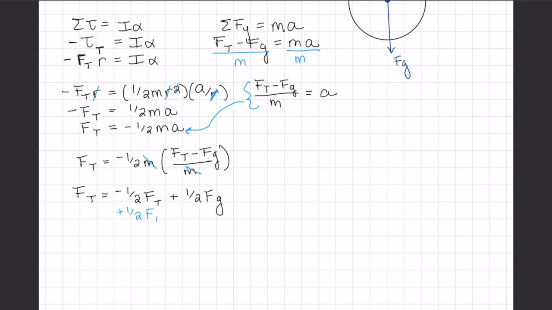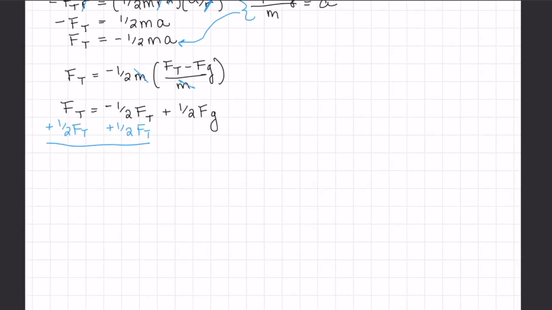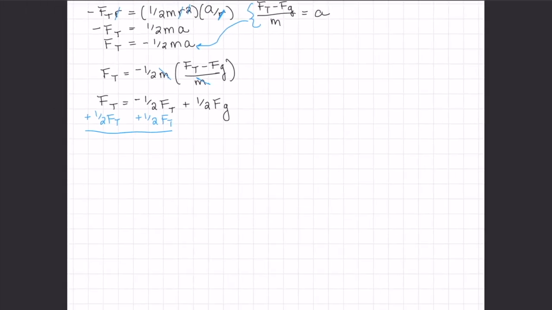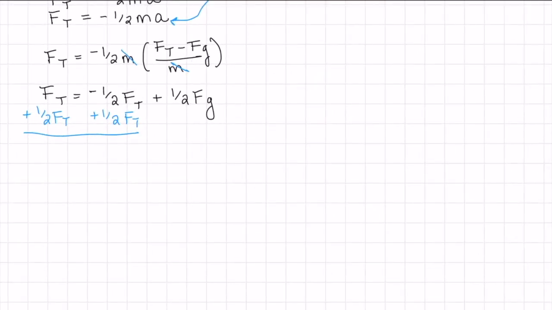Add that 1/2 Ft to both sides to get those tensions together. So we'll have 1 plus a half, which gives us 1.5 Ft equals a half Fg.